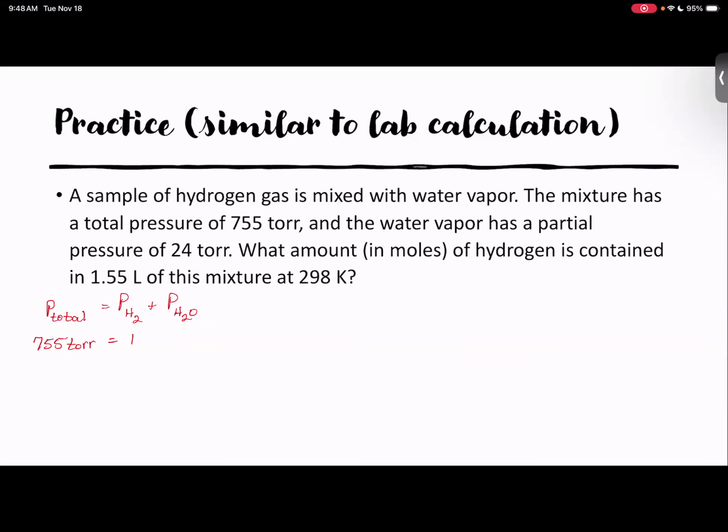That's equal to the pressure of the hydrogen gas plus the vapor pressure, which was 24 torr. P of hydrogen is equal to 731 torr.